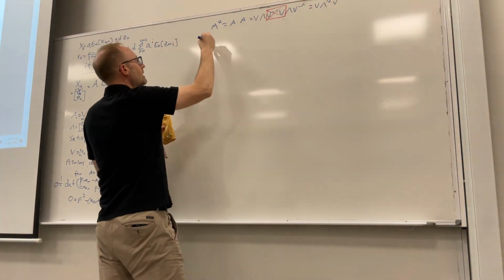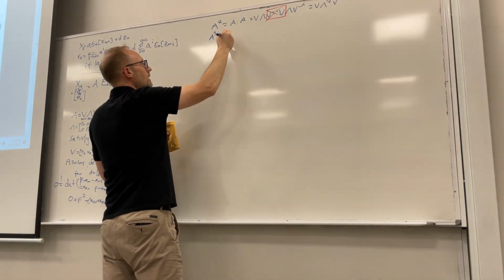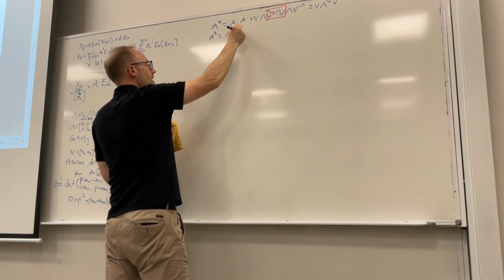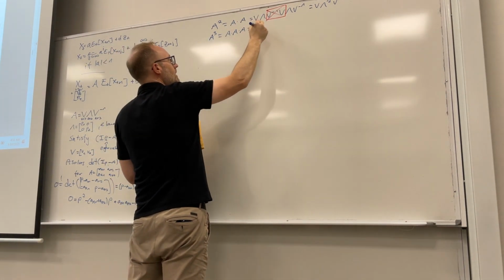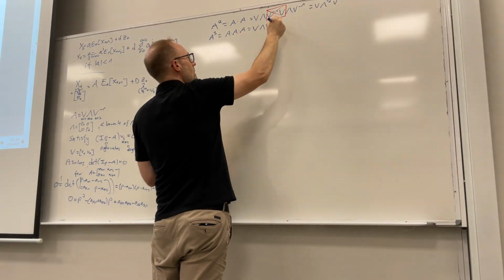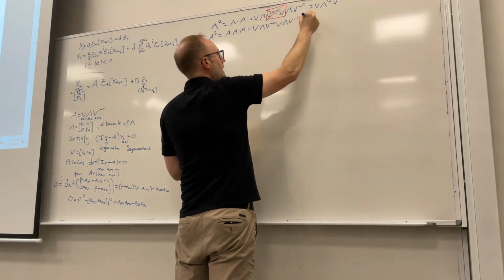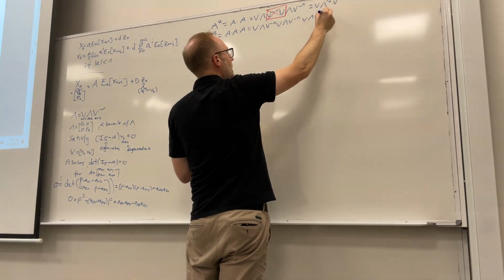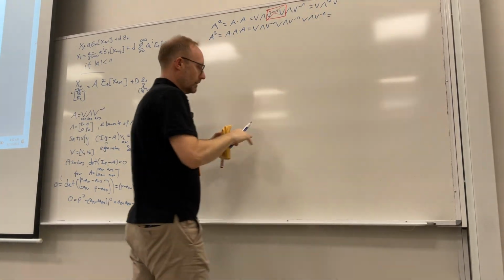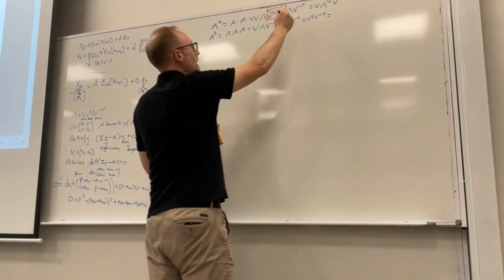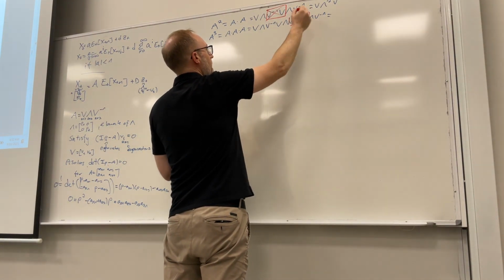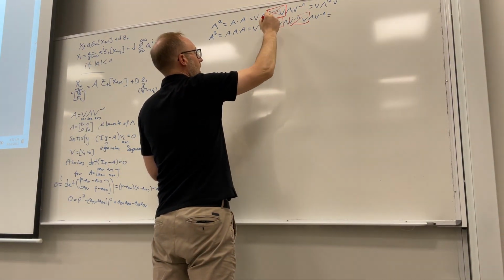Another time, A cubed, A times A times A, is V lambda V minus 1, V lambda V minus 1, V lambda V minus 1. And we have now two of these pairs that cancel out.